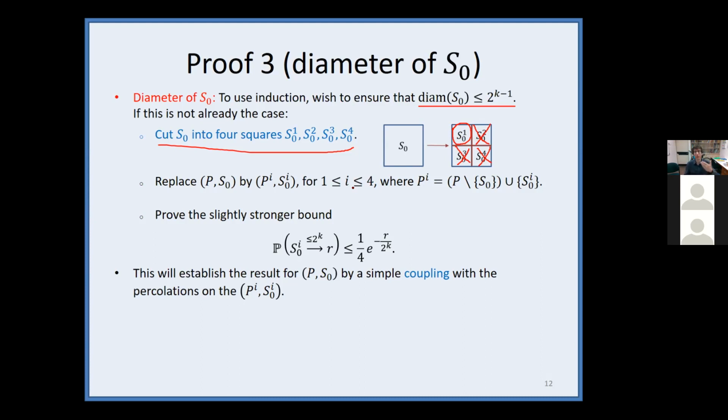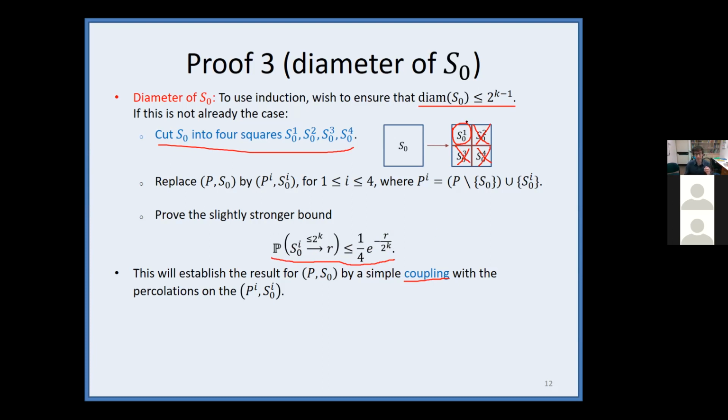So you do the percolation 4 times, and the aim is to prove that for any of these 4 percolations, the chance to go to distance r is at most 1/4 e to the minus r over 2 to the k. So because you have only 4 of them, that would mean, via a simple coupling with the original process, that the chance for the original process to go to distance r is at most e to the minus r over 2 to the k, like what we wanted to prove.